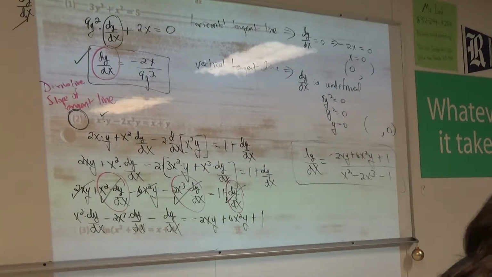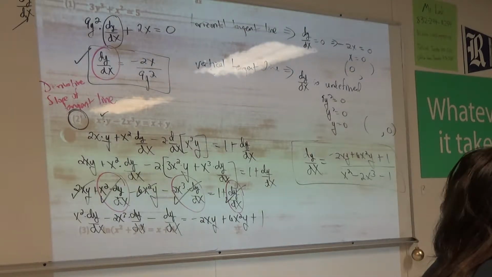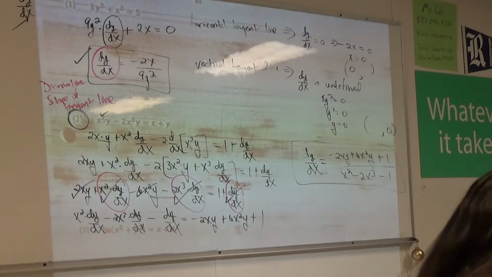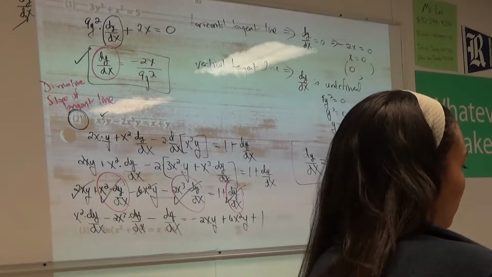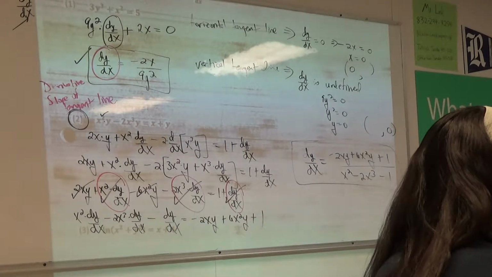The next step is turning the... just put all the UI over the side. One over square, all of it over 6x squared.